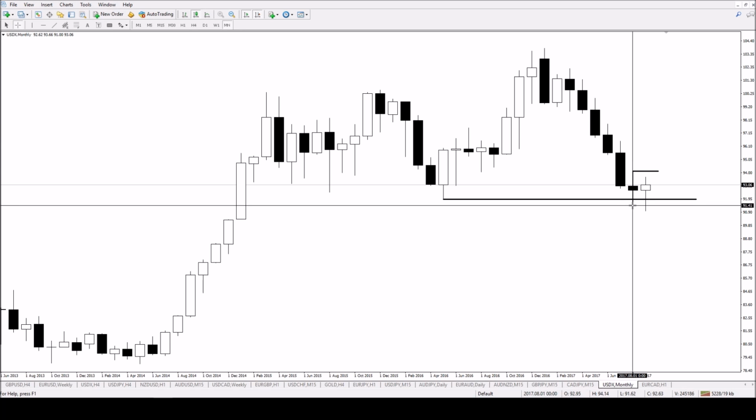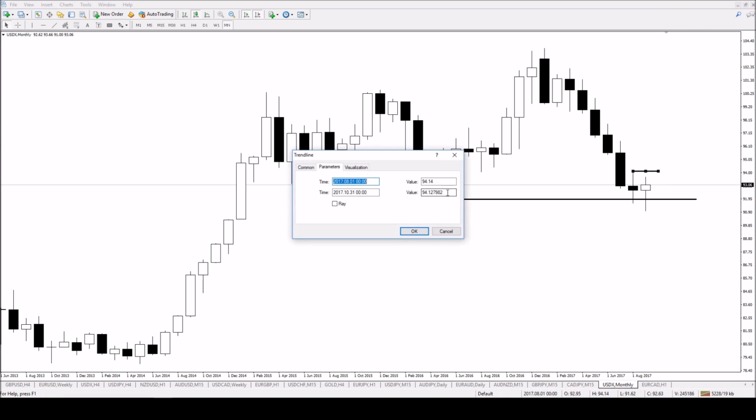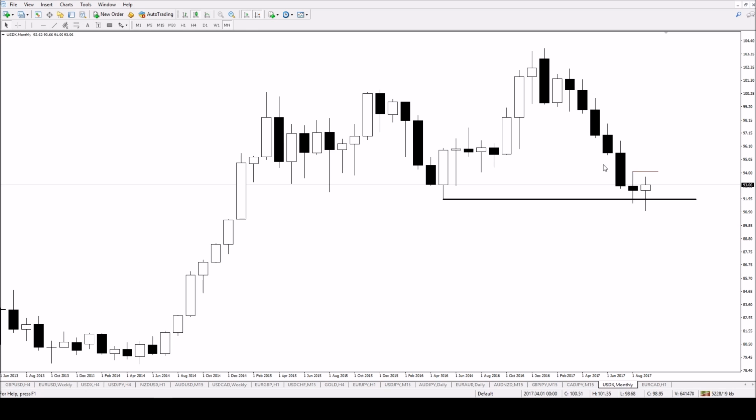So high is 94.14. Very, very simple concept. And then the low of that previous month, which is 91.62.